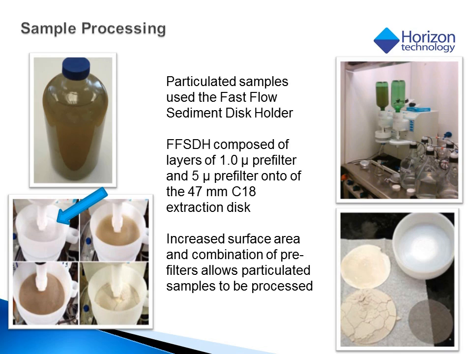If you look at the fast flow sediment disc holder after extraction, in this case shown on the lower right-hand side of this slide, you will see that the bentonite clay did not pass through the filters and kept the SPE disc from clogging. Depending on the amount of sediment in your sample, total times for extraction will average anywhere from 33.5 minutes to 36.5 minutes.